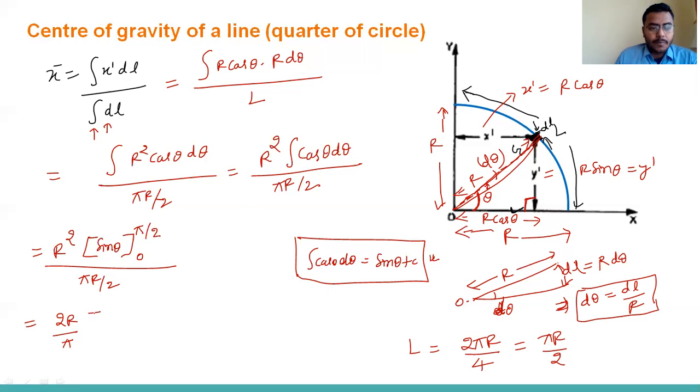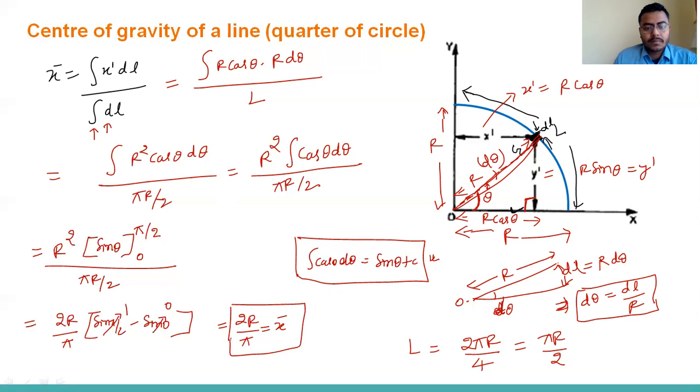Now, sine pi by 2 minus sine 0. What is sine 0? It becomes 0. Sine pi by 2 becomes 1. So we are getting 2r by pi. That is x bar. Okay? 2r by pi.